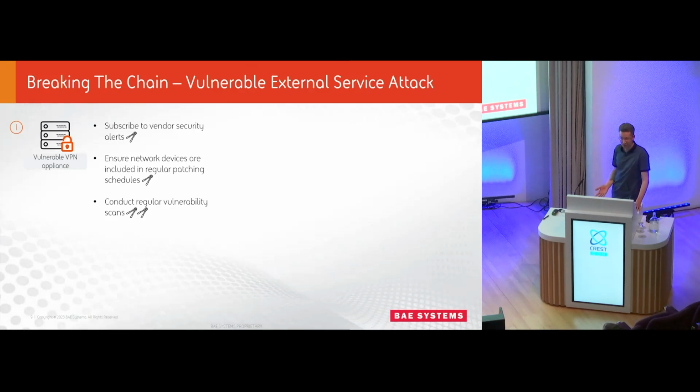Everyone's familiar with Microsoft Patch Tuesday and getting the patches rolled out the week after, maybe. But network devices tend to be a little bit harder to patch. There are more users using them. People don't want to patch them in case something breaks and then the users can't connect into the network properly. But making sure they're in a regular patch schedule is really important.